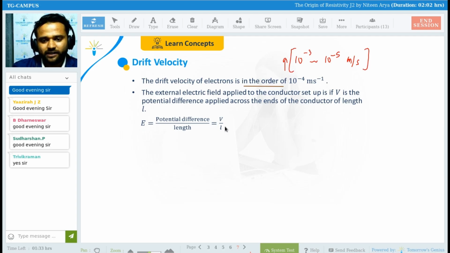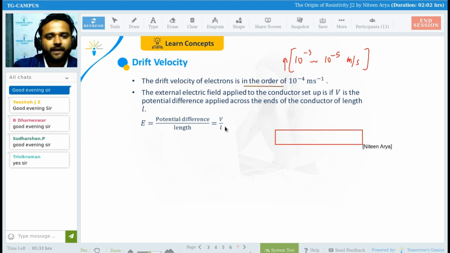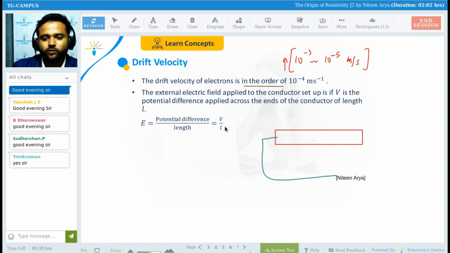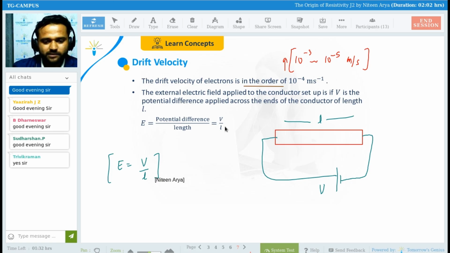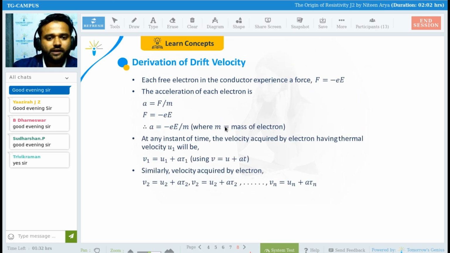Now the external electric field applied to the conductor: if V is the potential difference applied across the ends of a conductor of length L. Suppose this is your conductor, and the moment you apply a battery, this is your V and this is your length L. So we know the relation E equals V by L. Due to this potential difference, we have an electric field. This is simple, they have written it there.